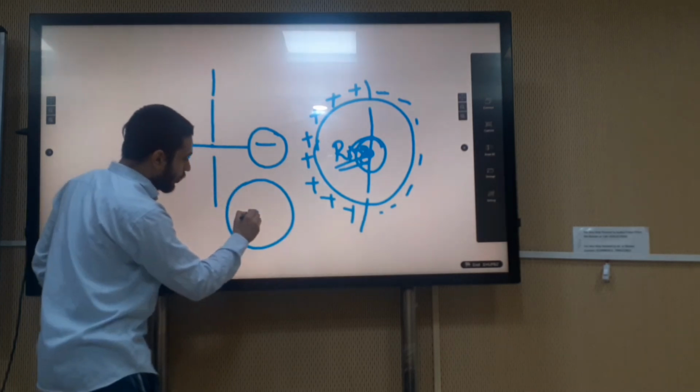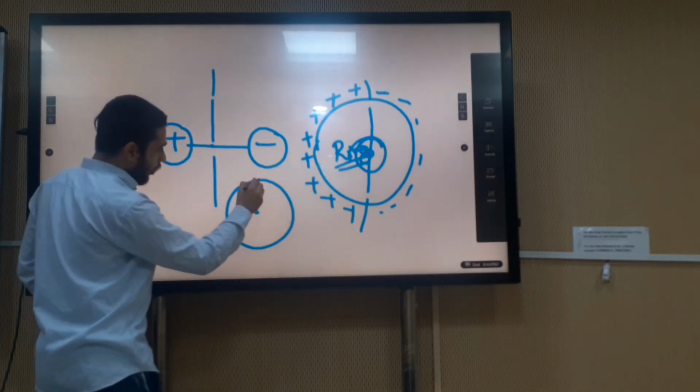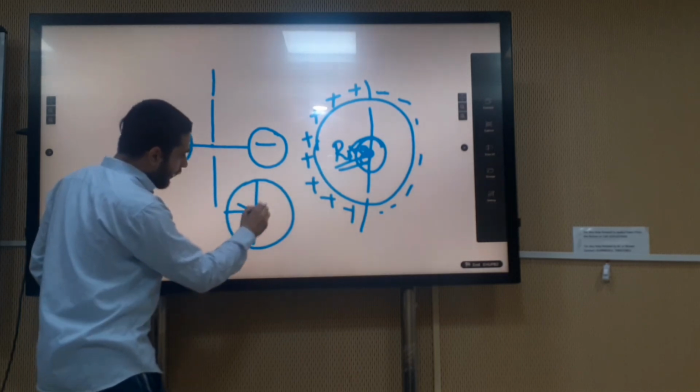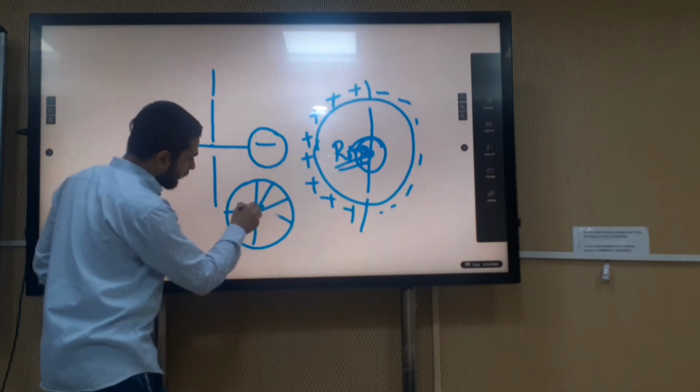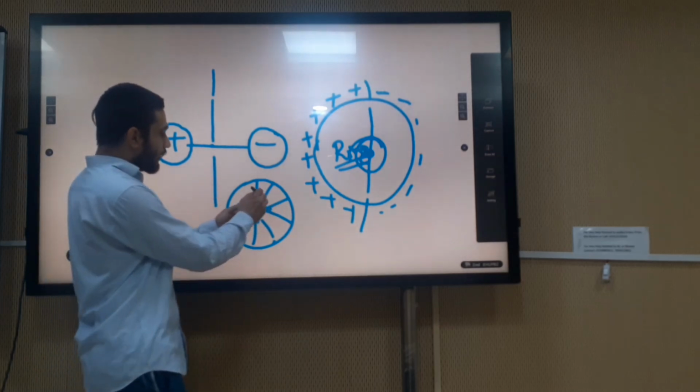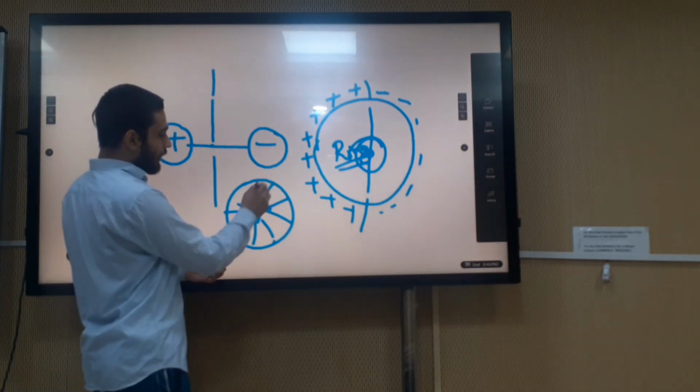All positive charges will give their positive potential at this place, and all negative charges will give their negative potential at this place. So it will cancel, since the radius and the length will be the same.